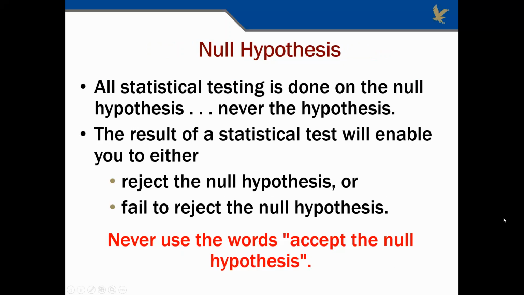All statistical testing is done on the null hypothesis, never the hypothesis. The result of a statistical test will enable you to either reject the null hypothesis or fail to reject the null hypothesis. We never use the words accept the null hypothesis.